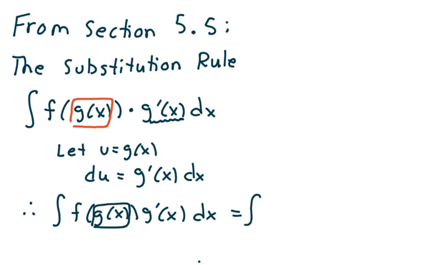So this reads the integral of f of u, and g prime of x dx gets replaced with du. Ideally, f of u du is going to be a more manageable integral than what you had originally. That's the essential idea, and with that in mind, we're going to look at some examples.